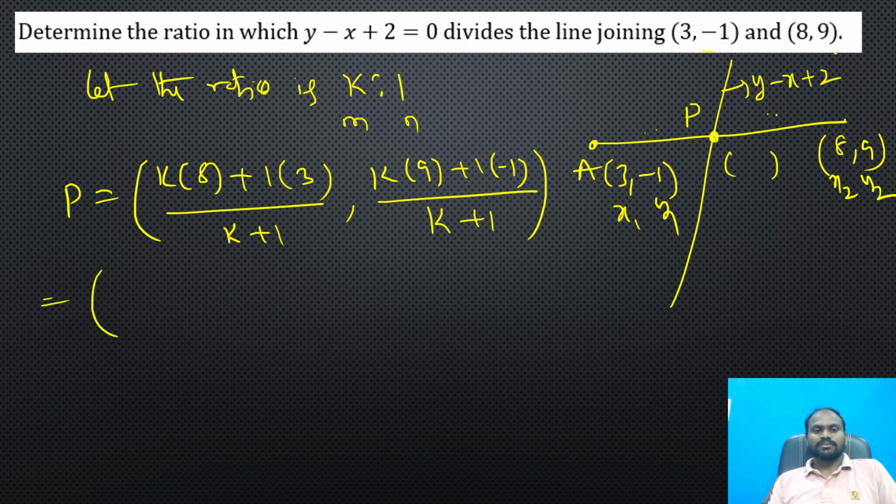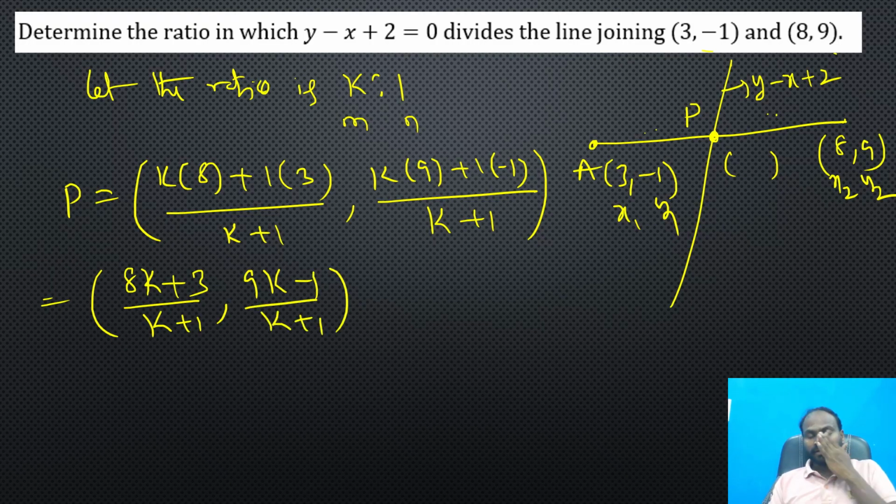So P is equals to 8k plus 3 by k plus 1, comma 9k minus 1 by k plus 1. This is the point we have. Now we know that this P point will be on this line. So this is x and this is y; simply substitute that x and y, because P is a point on this line.